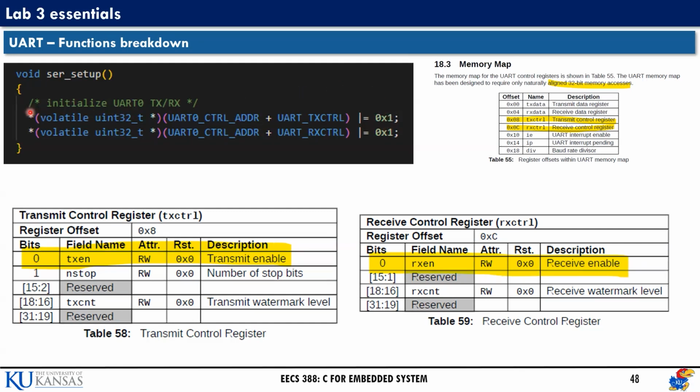So by doing this OR operation, we are enabling bit 0, from 0 to 1. That's what our serial setup function is doing. Basically, we are enabling the transmit and the receive control registers.